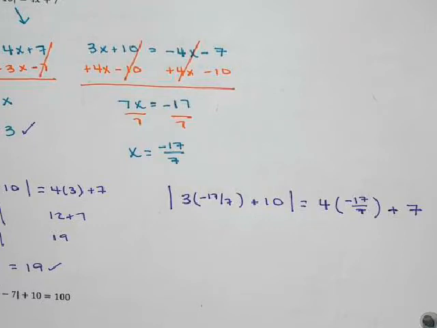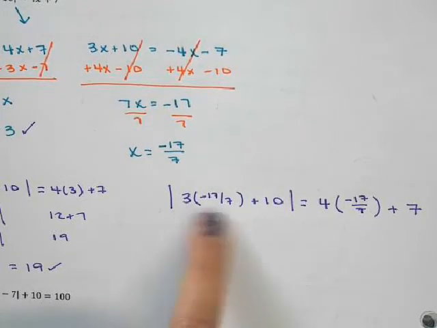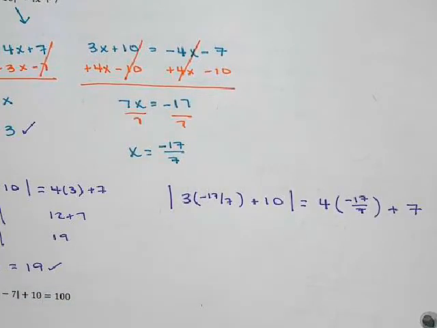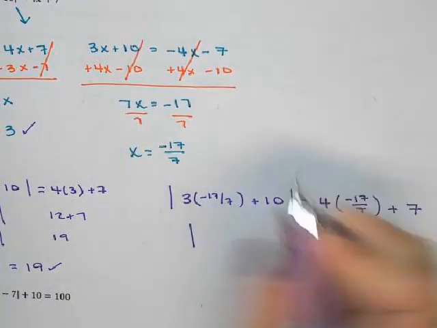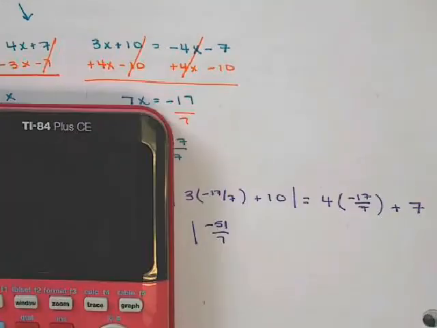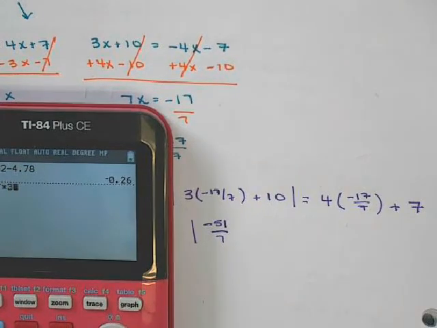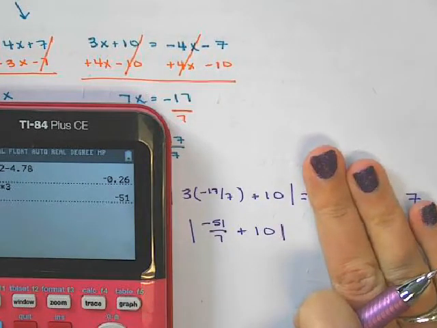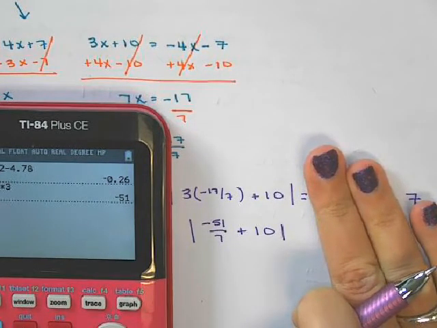Multiplying by a fraction, this just multiplies into the top, so negative 17 times 3 is negative 51 over 7. Yep, negative 51 over 7 plus 10. Remember, we're ignoring the right side. We're just simplifying this. All right, adding 10 to that.